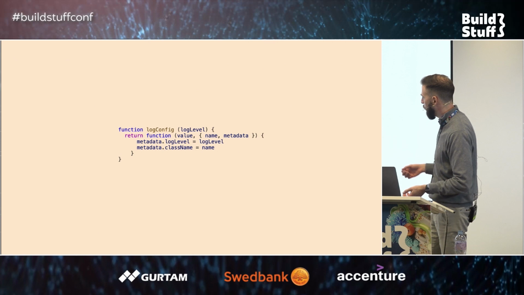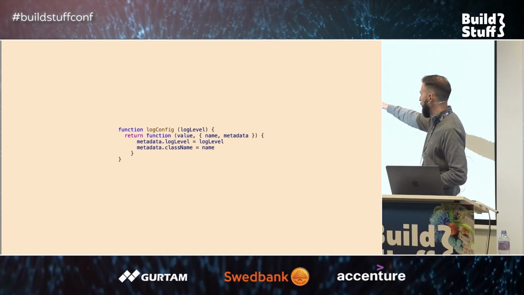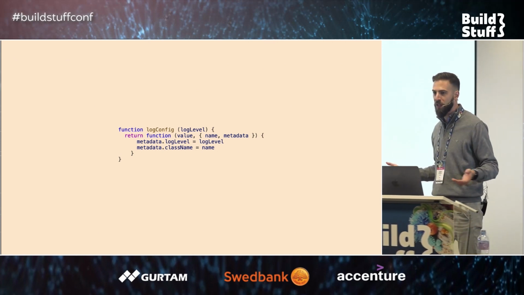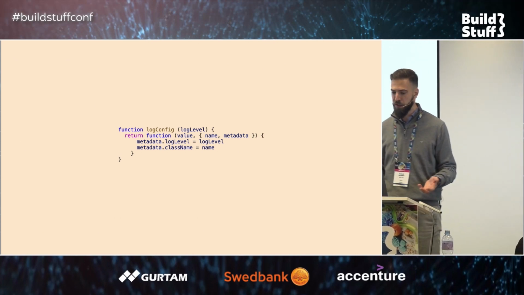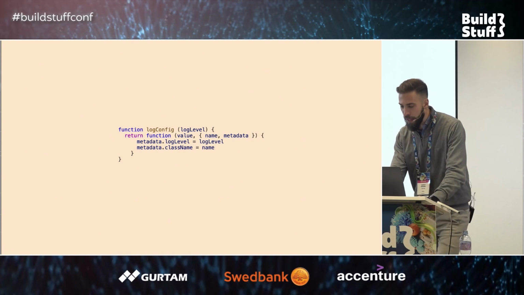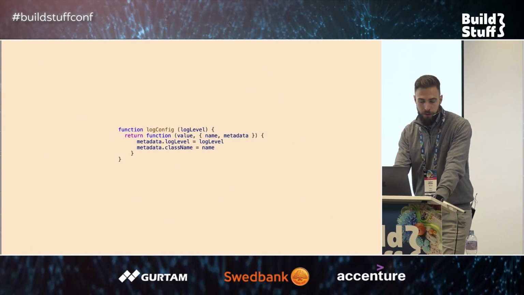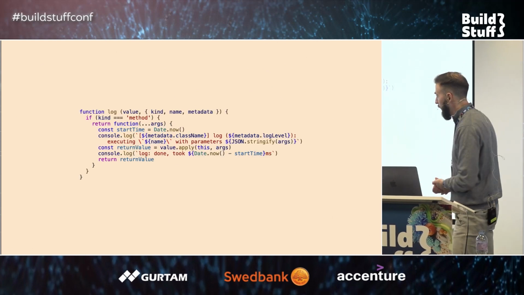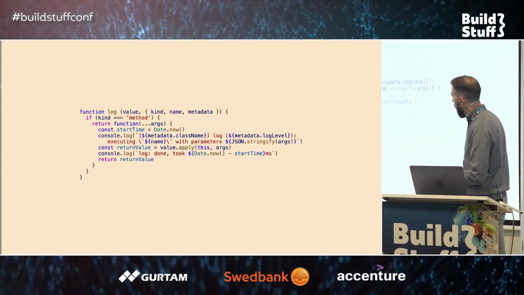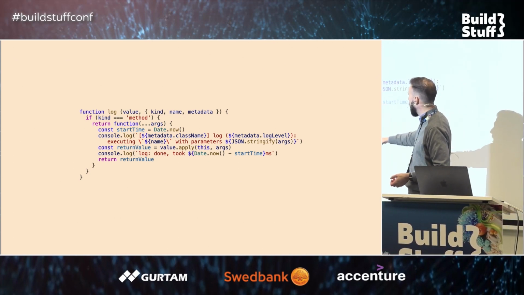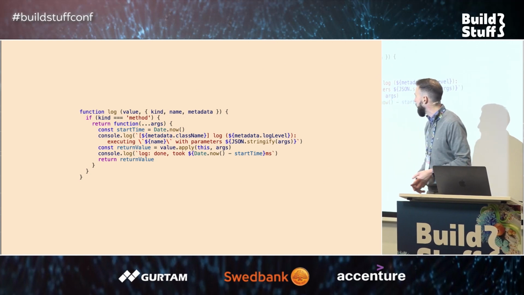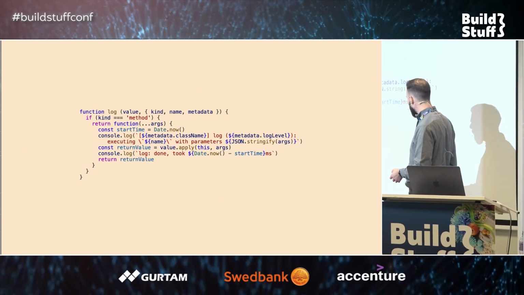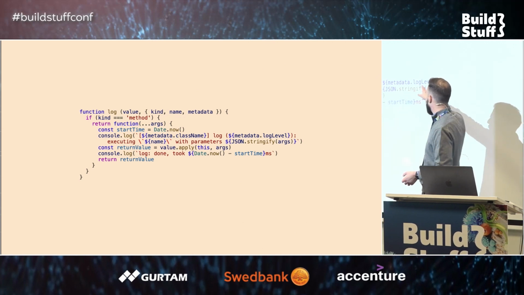So what we can do is we say for this metadata, logLevel is logLevel and className is the name of the decorated entity here, which is the class name. And now we can rewrite our log decorator, and we're going to read the metadata, and in here we say, okay, we prefix this with metadata.className, and then we have here the log level.